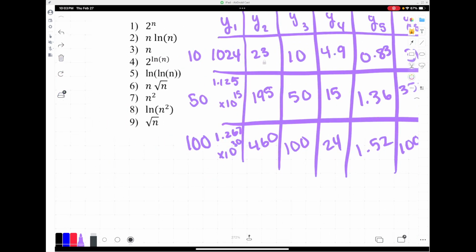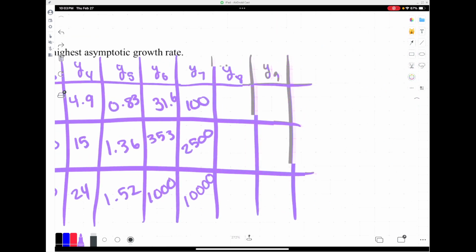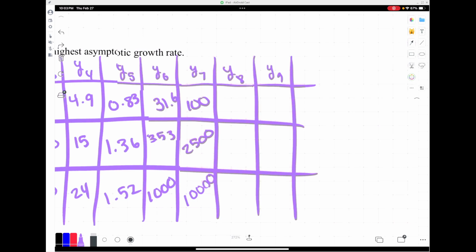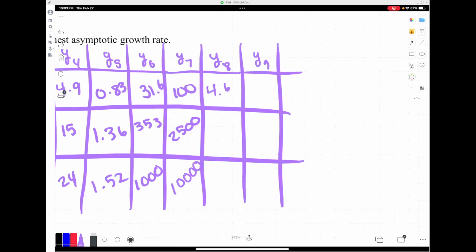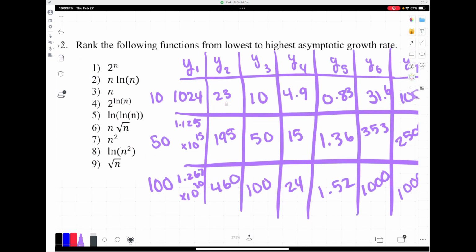And then 8 is ln of the number squared: 4.6, 7.8, 9.2. And then number 9 is the square root of your number.